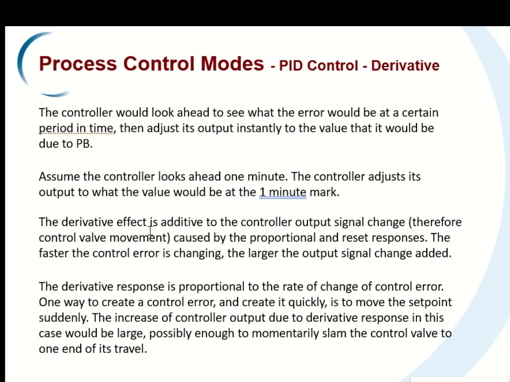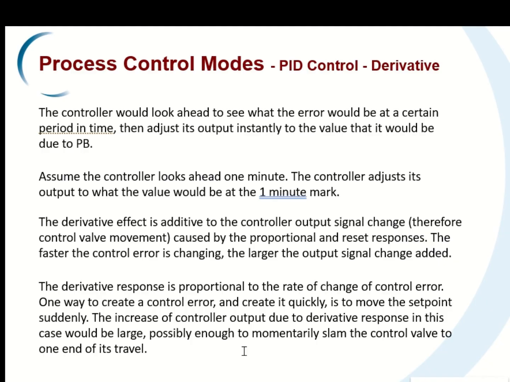The derivative action is additive to the controller output signal change. Therefore, it adds to the control valve movement caused by the proportional and the reset responses. The faster the control error is changing, the larger the output signal change added. The derivative response is proportional to the rate of change of the control error. One way to create a fast control error is to move the set point suddenly, increasing the controller output due to the derivative response.